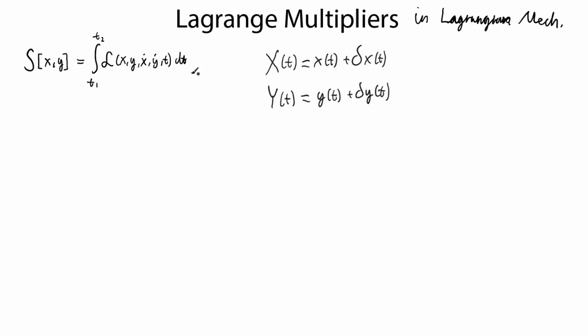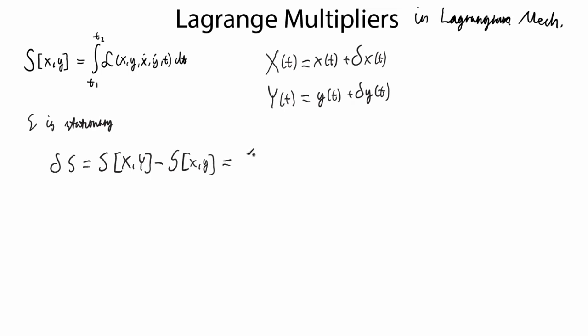And as we've done before, we know that S is stationary if delta S, which we define as S at capital X and capital Y at those two paths, minus the action at the correct paths, is going to be something on the order of the variations squared.